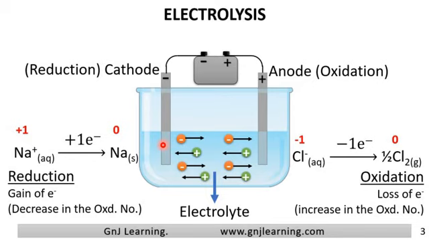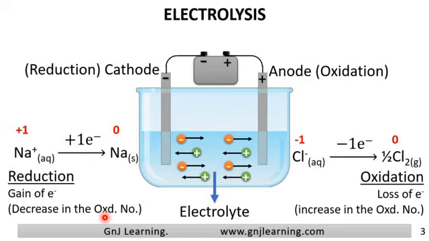So in this slide, we have defined 4 different terms that are very important for you. First one is oxidation. What is it? Loss of electron. How can it be identified? It can be identified by an increase in the oxidation number. Second one is reduction. How can you define it? Reduction is nothing but gaining of electrons, and it can be identified by a decrease in the oxidation number.